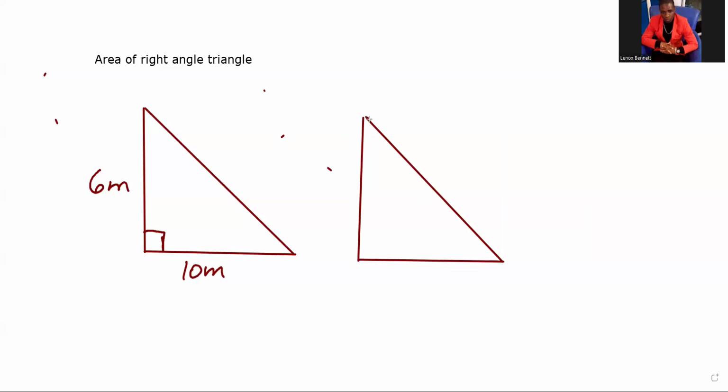Just imagine this is the same triangle, all right? So here would be 6, and here would be 10. What if we did this?